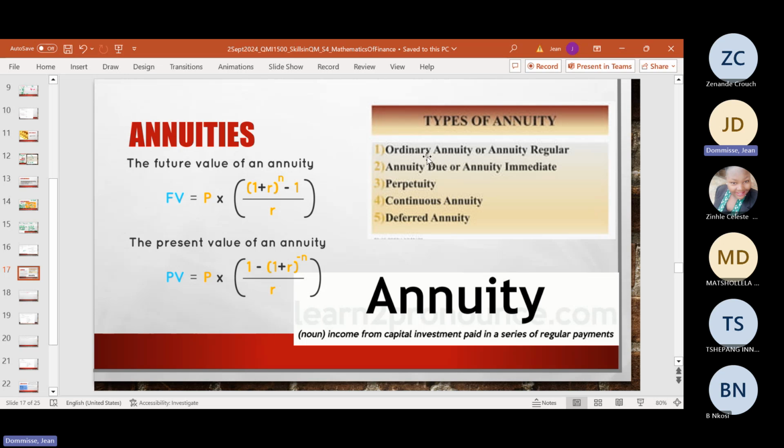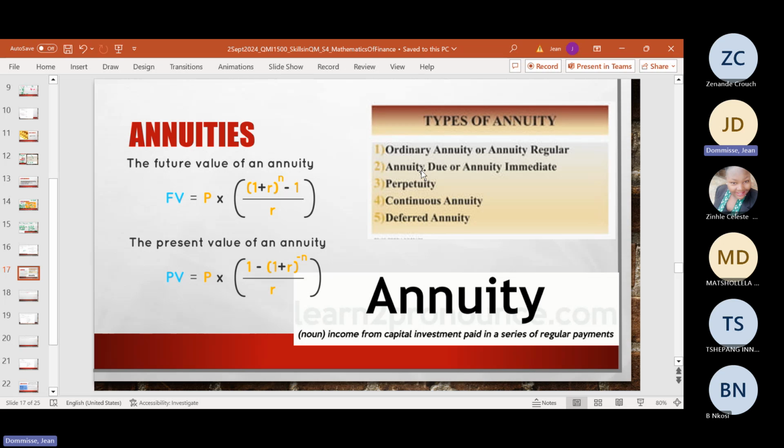So ordinary annuity is an annuity that gets paid at the end of a month. So you invest in a retirement annuity, you put in money at the end of a month, interest is calculated at the end of a month.